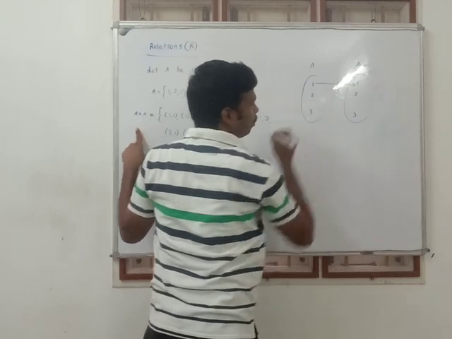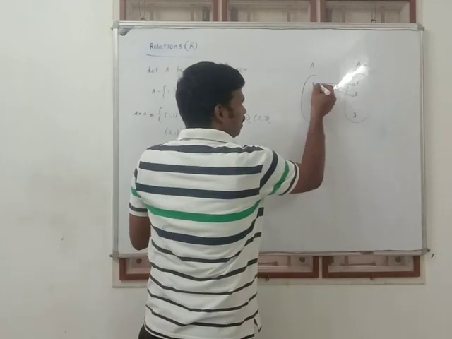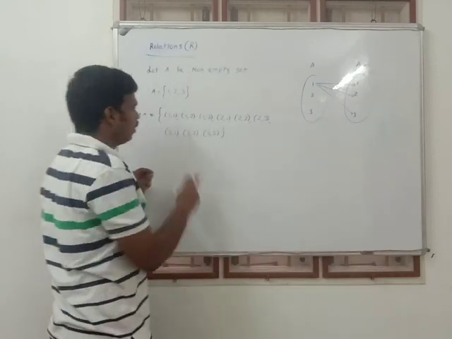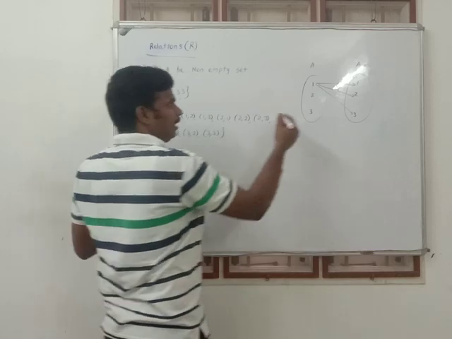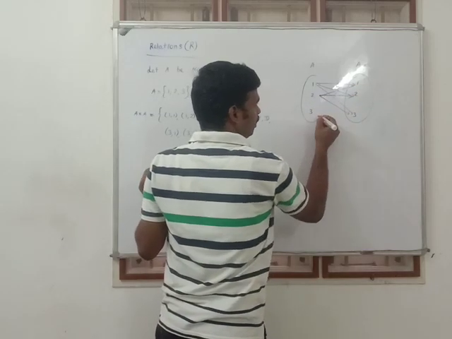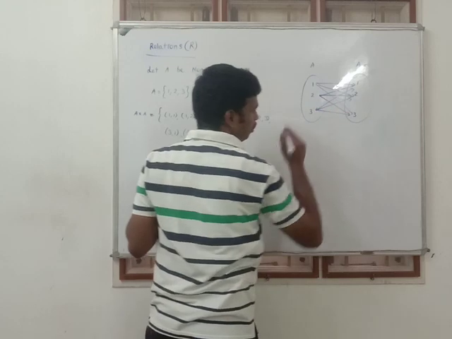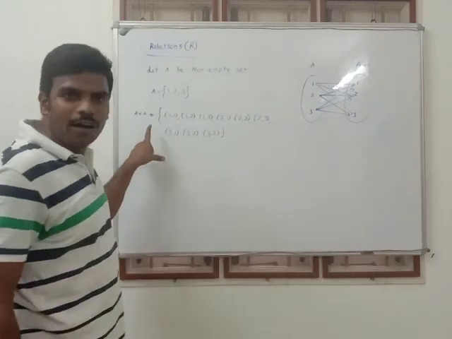So 1 is mapping to 1, that is (1,1), then 1 is mapping to 2, similarly 1 is mapping to 3. So (1,1), (1,2), (1,3). Similarly 2 goes to 1, 2 goes to 2, 2 goes to 3. Then 3 is mapping to 1, 3 is mapping to 2, 3 is mapping to 3. So this is called Cartesian product.